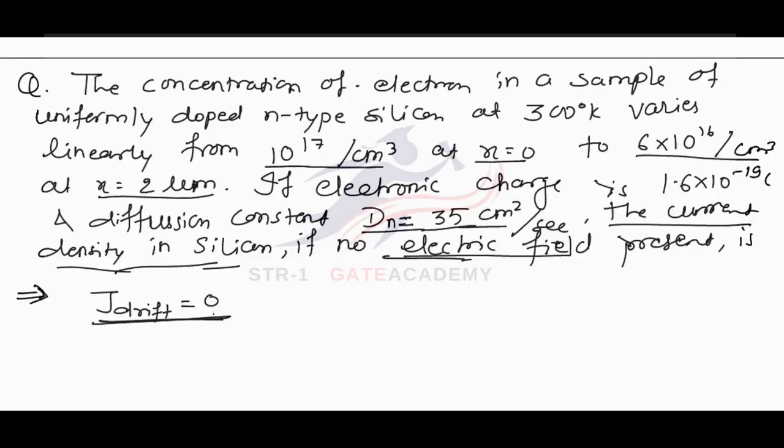In this material we take two points, x equal to 0 micrometer and x equal to 2 micrometers. At the first point the carrier concentration is 10 raised to power 17 per centimeter cube, and at the second point it is 6 into 10 raised to power 16 per centimeter cube.